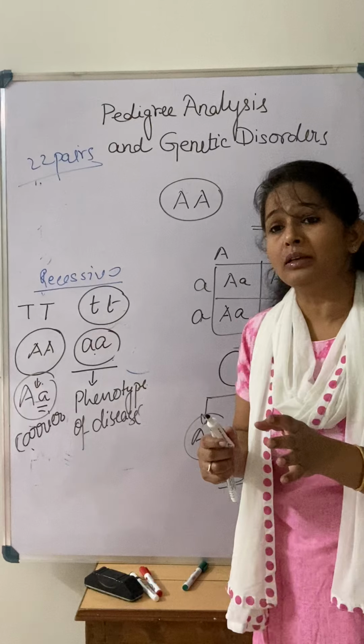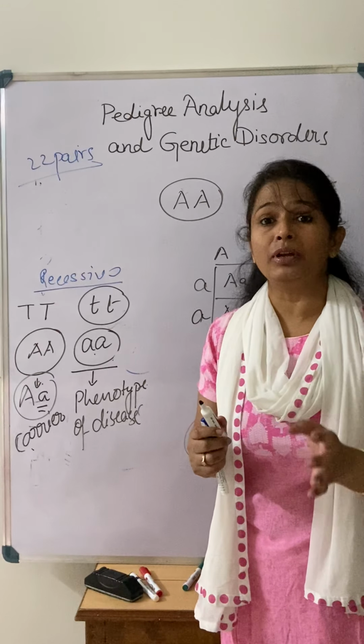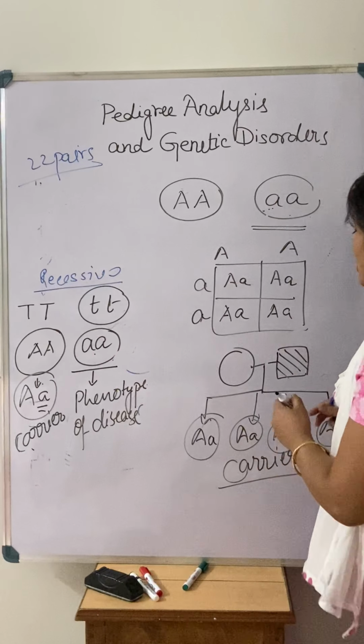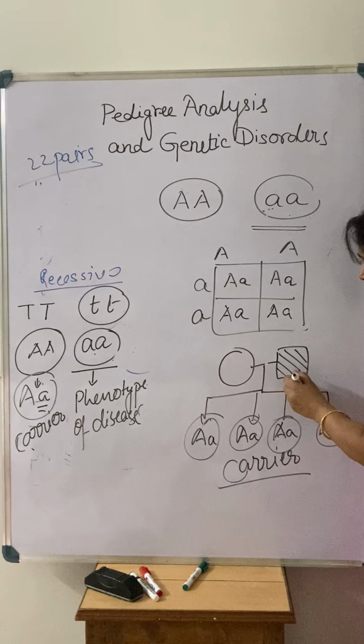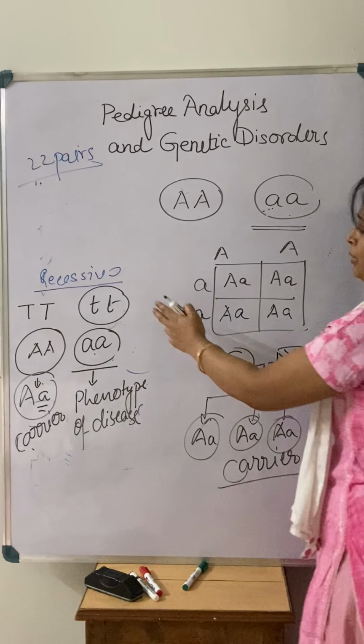By seeing them you cannot say these are infected persons, because they are carriers. So what is the meaning? A parent can be affected with a disease, but there is no surety that the coming generation will be affected with that disease. So this is the difference between dominant and recessive.